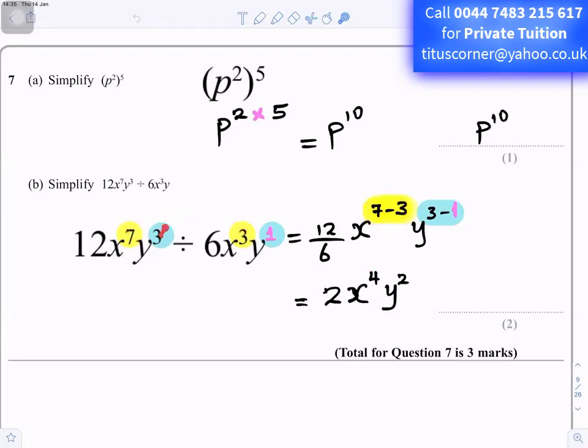And y cubed divided by y to the 1: y to the 3 minus 1. So 3 minus 1 gives you 2. So what we're doing is subtracting the powers for x, 7 minus 3, subtracting the powers for y, 3 minus 1, and then dividing the numbers, 12 divided by 6. So your answer would be 2x to the 4 y squared.